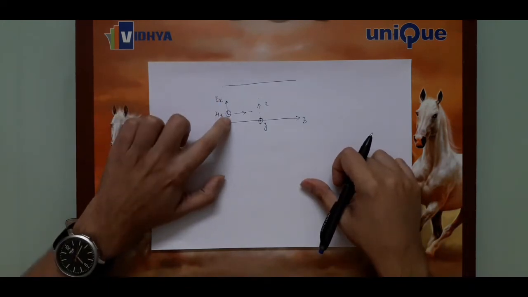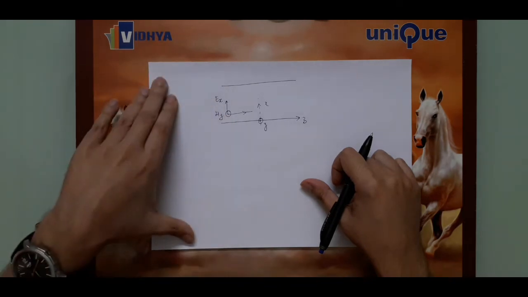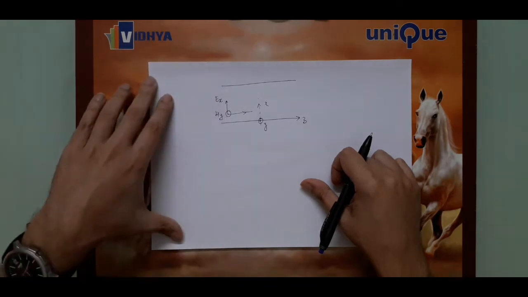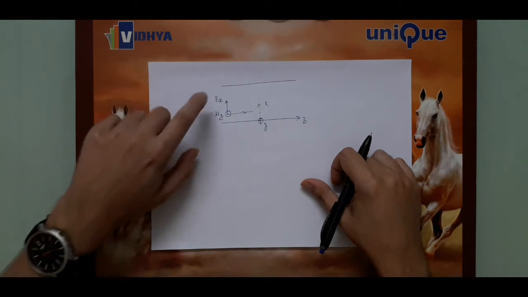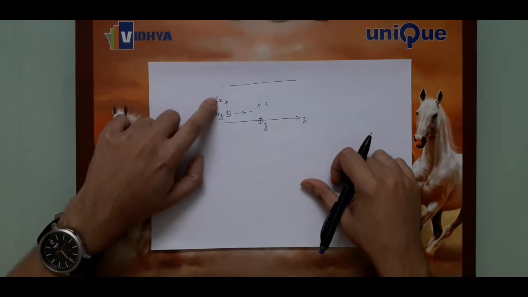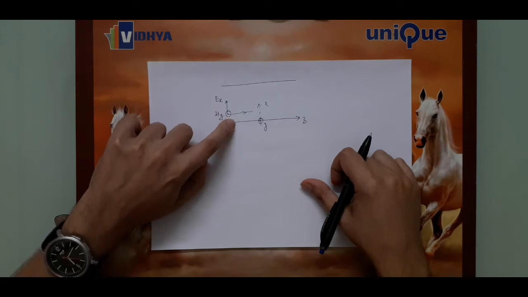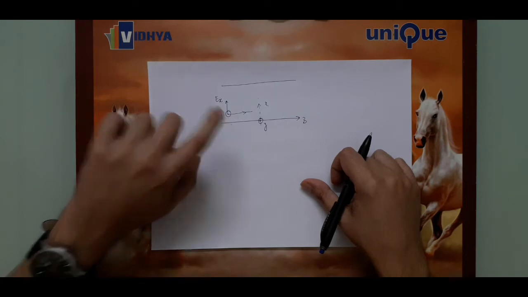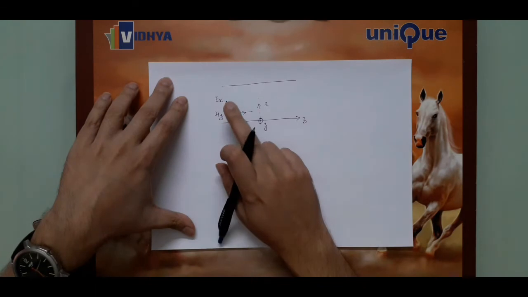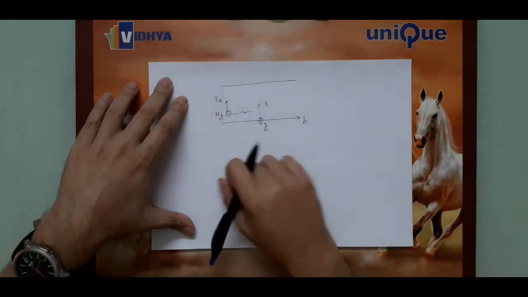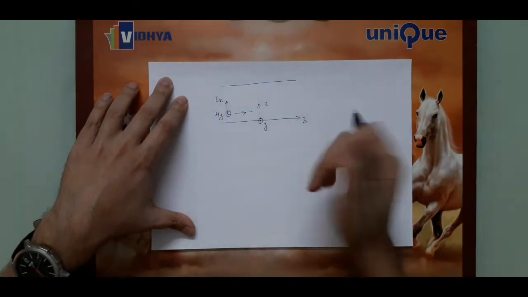The Ex is going to be a normal electric field with respect to the surface, and the Hy is going to be a tangential field. So a normal electric field Ex will cause surface charges in the conductor, and the tangential magnetic field Hy will cause those surface charges to move, resulting in a surface current.